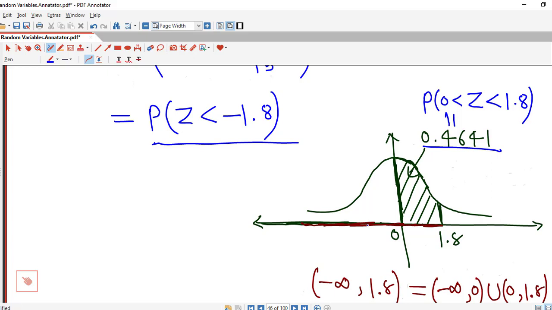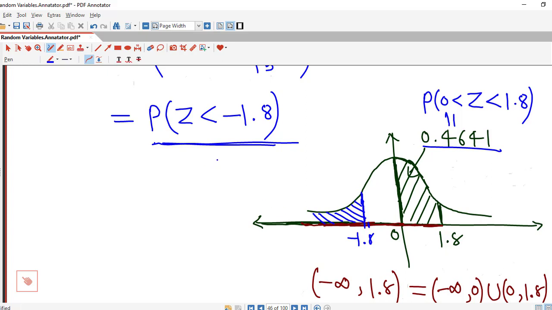So because our curve is symmetric, suppose minus 1.8 is here. So this probability is nothing but the area to the left side of minus 1.8.